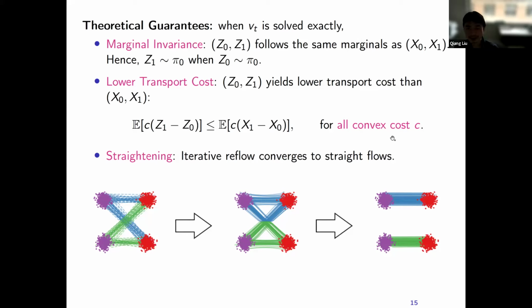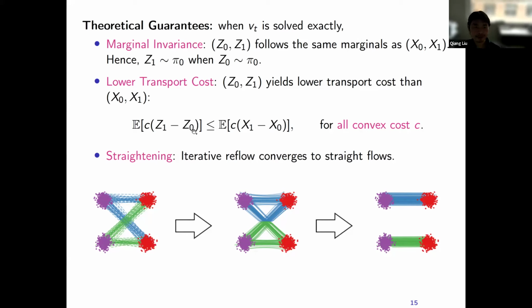It turns out for every convex cost, the coupling that you get from the differential equation is going to have lower or equal cost, right? So this procedure actually decreases the transport cost for every possible convex cost.